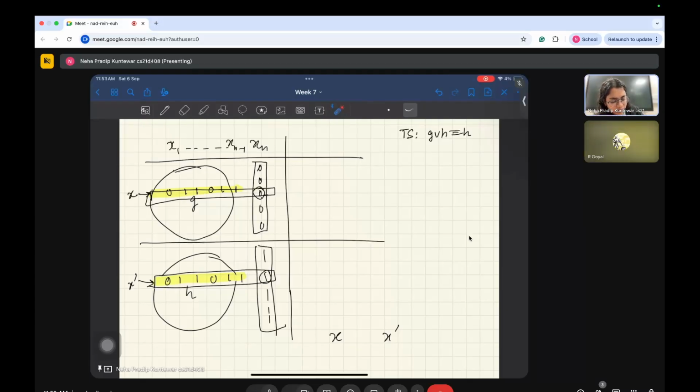By same we mean that up to n minus 1 it is the same. But if we look at the nth bit, it is a 0 here but a 1 here. That is the only difference. So it differs only in the nth bit. We know that x is less than or equal to x prime. So what that means is that f of x is less than or equal to f of x prime.